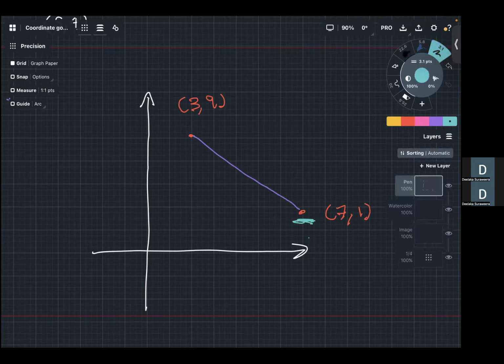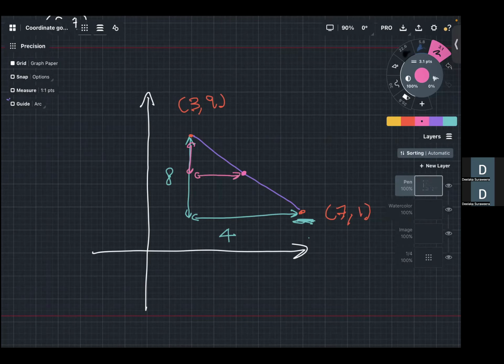So I need to consider the distance each way. Vertically, what's the distance? I'm just going to leave it positive: 8 down. And then horizontally, 3 to 7, 7 minus 3, it's 4. Now the midpoint is when you go halfway down from the starting point and halfway right.